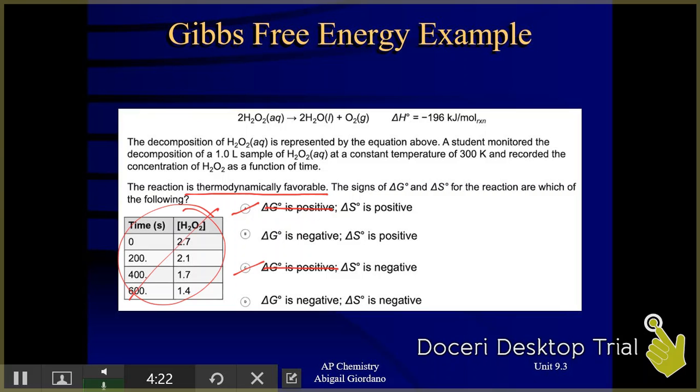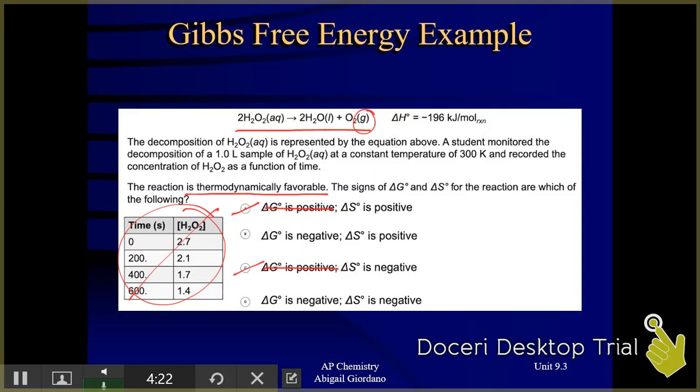To determine the change in S, or to try and predict it anyway, let's look at our balanced equation here. It's a decomposition. One compound is breaking down into two things. Another thing to look at, remember states of matter. Remember, gases have really high values of entropy, lots of disorder.